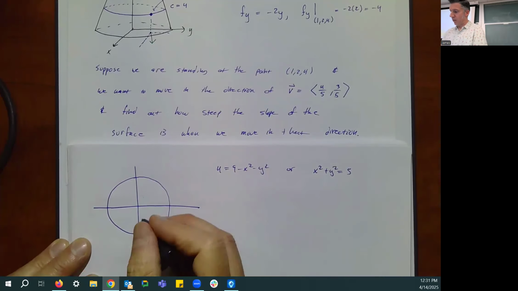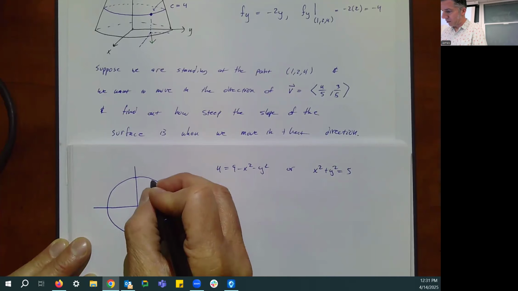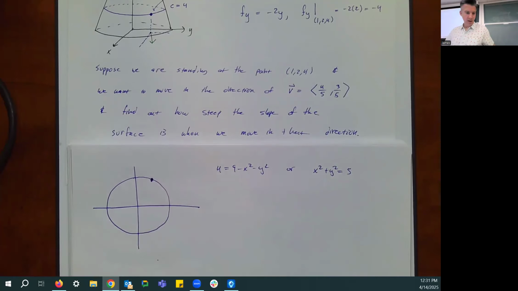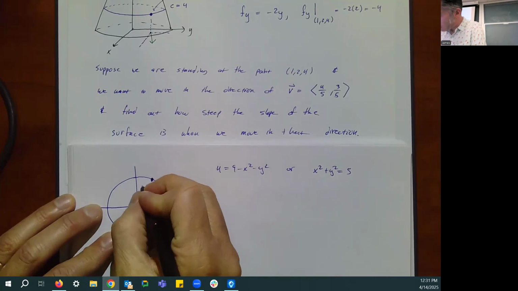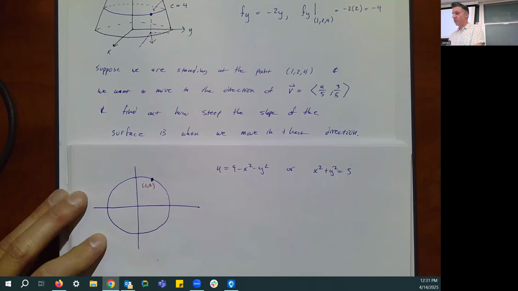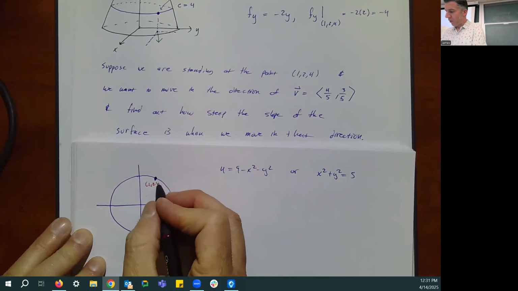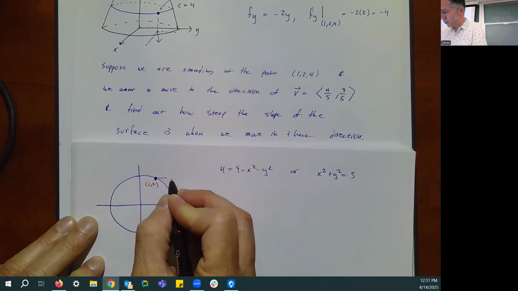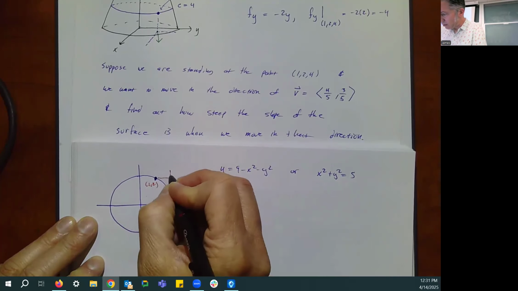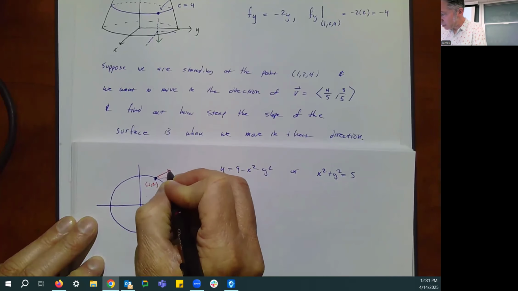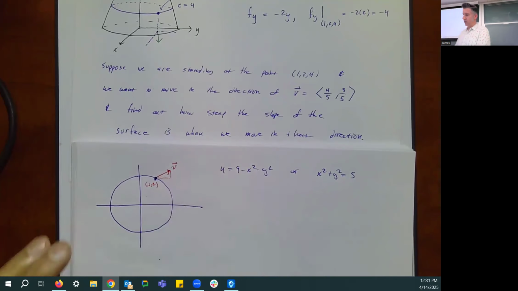We're over at the point where x is 1 and y is 2, about right there. Oh, there's my red pen, hiding. Okay, so there's my point (1, 2). From that point, I'm moving in the direction 4/5 to the right, 3/5 up. That's the direction that we're moving in.